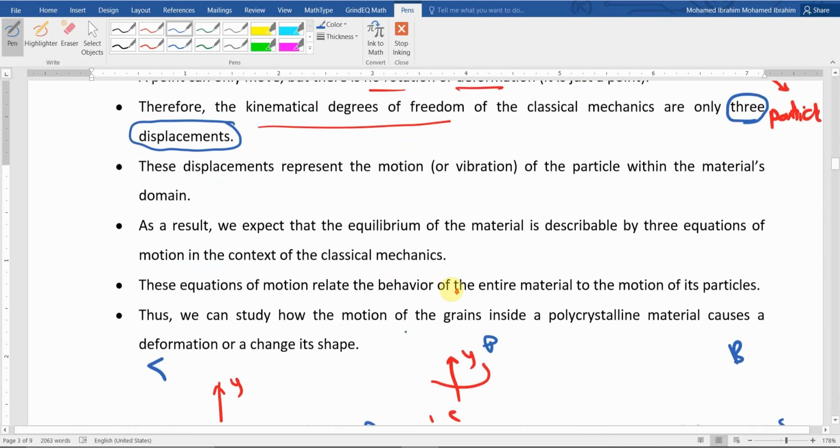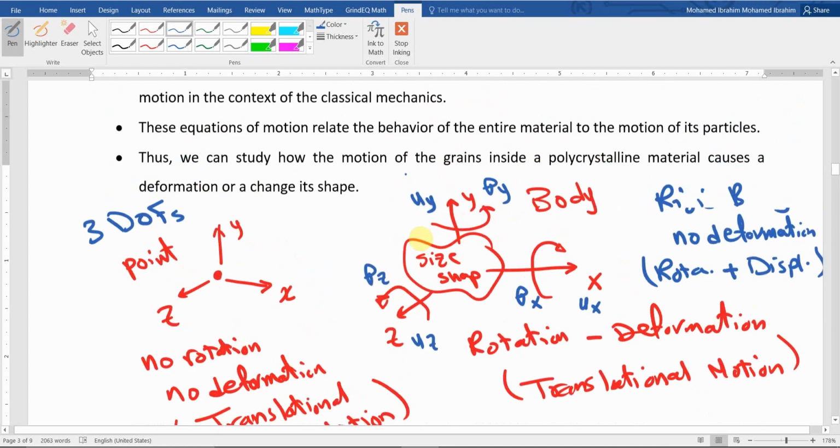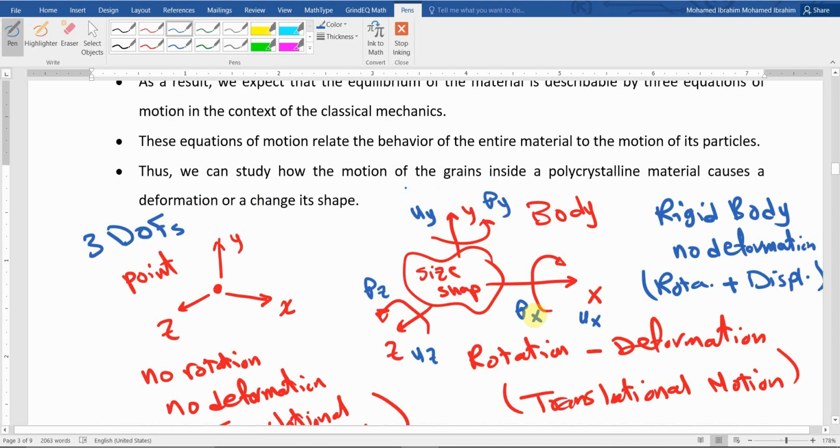In case we have an object or a particle that is deformable or rotational, it means that we're going to have extra equations of motion, more than 3, to account for the rotation or the deformation of this particle. But in classical mechanics, we assume that the particle is just a point.